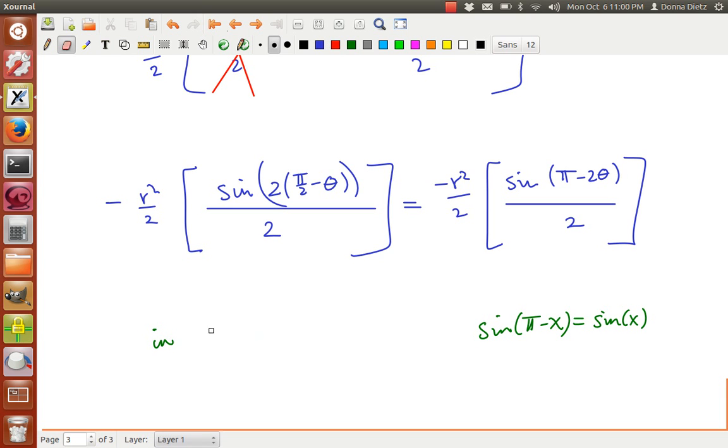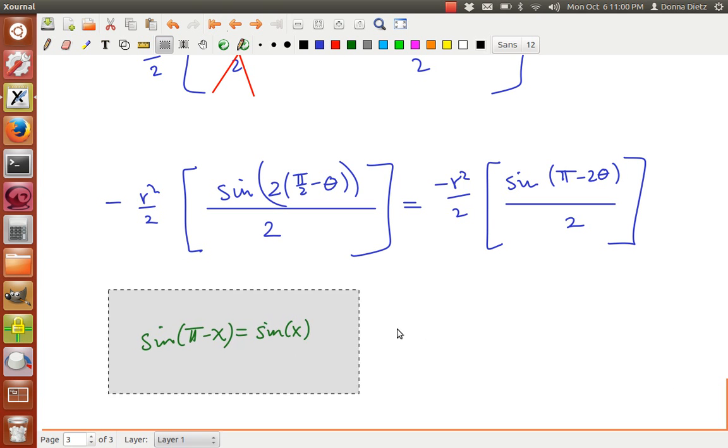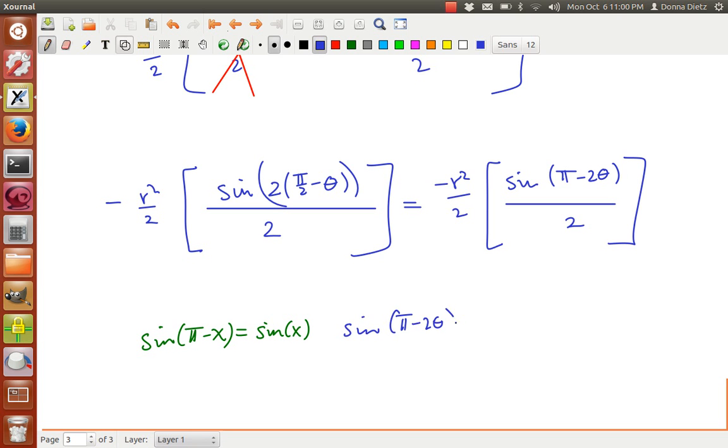So that all being true, then sine of pi minus 2 theta is equal to sine of 2 theta. Well, but what is sine of 2 theta?